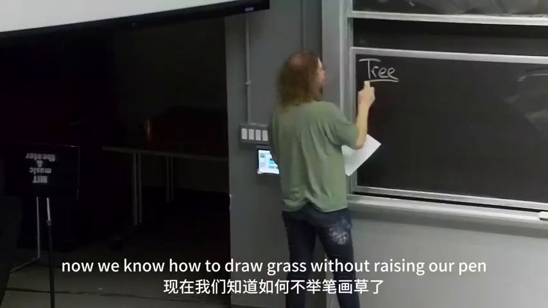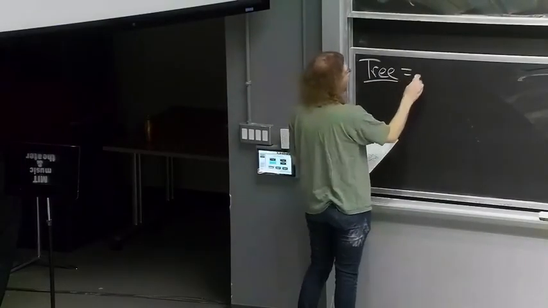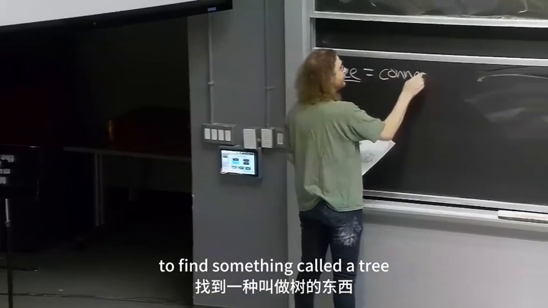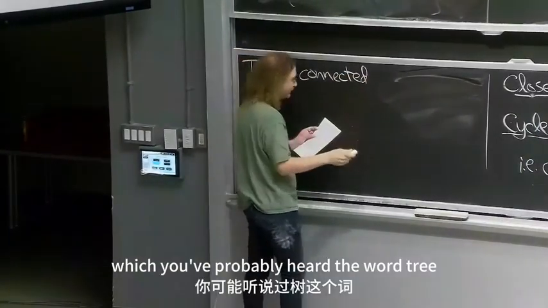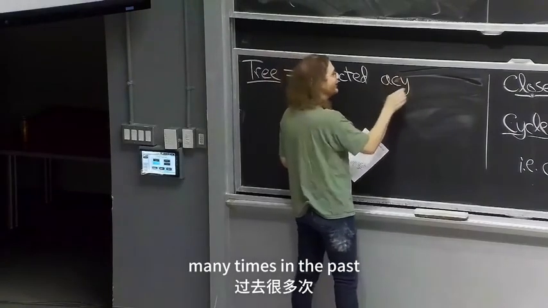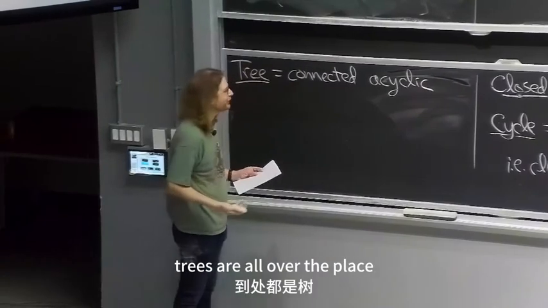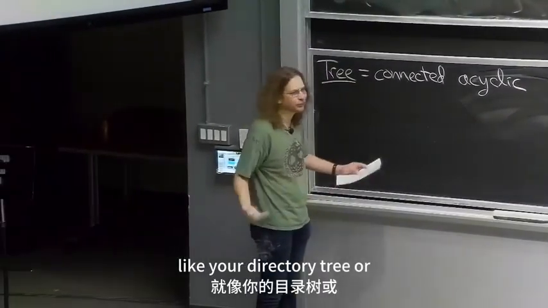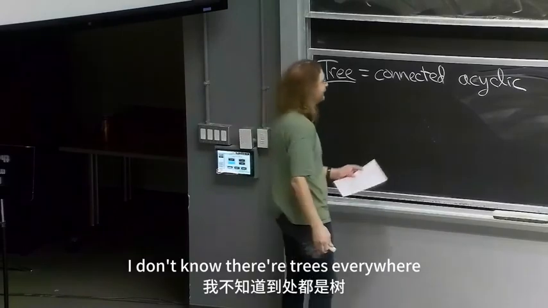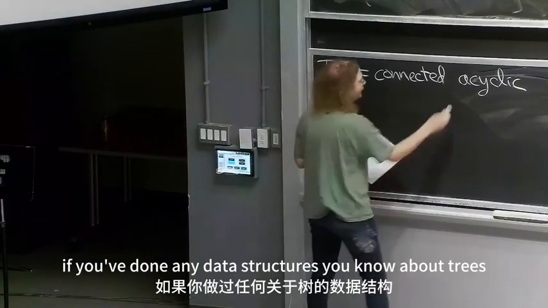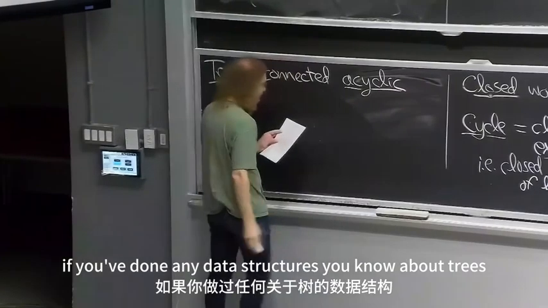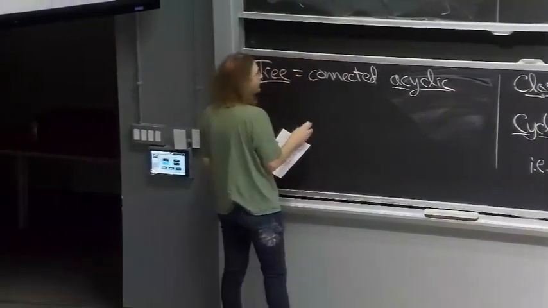Now we know how to draw graphs without raising our pen. Define something called a tree, which you've probably heard the word tree many times in the past, not just nature trees, but also computer science trees are all over the place, like your directory tree. There are trees everywhere. If you've done any data structures, you know about trees, tree data structures.